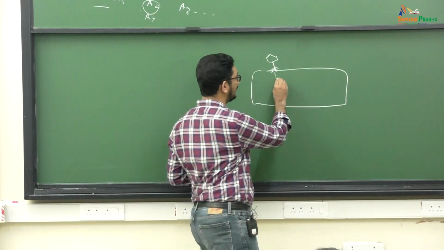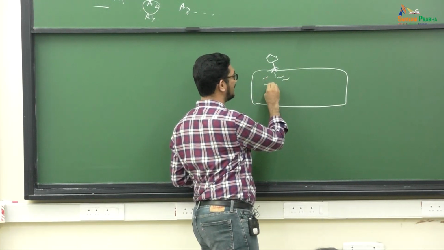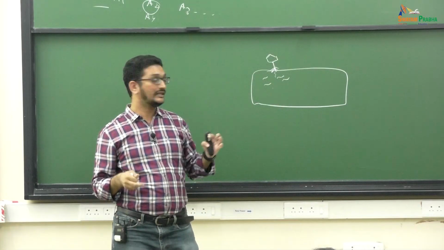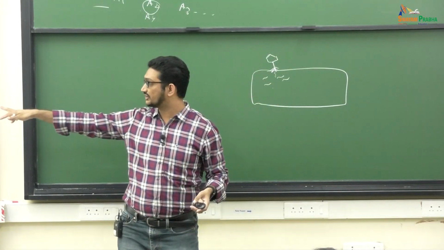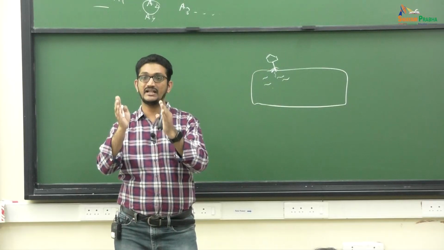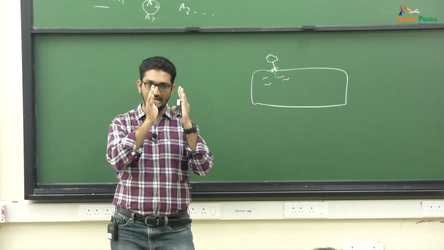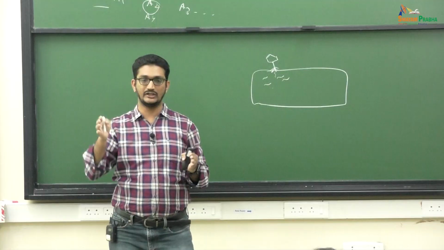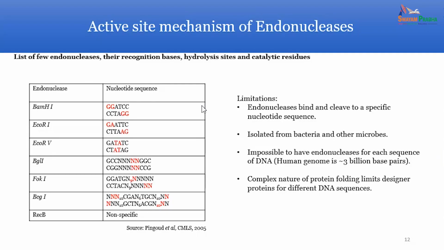When there is a lot of this genetic material from the virus, the bacterium, as part of its immune system, will recognize a specific DNA sequence and start cleaving it. So these endonucleases are part of the bacterial immune system. They were not invented or discovered for our use.